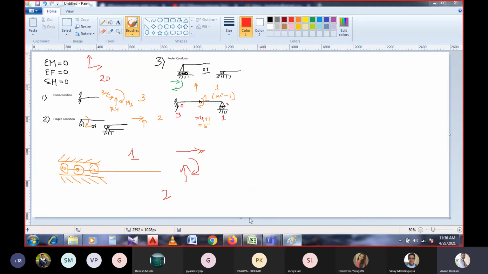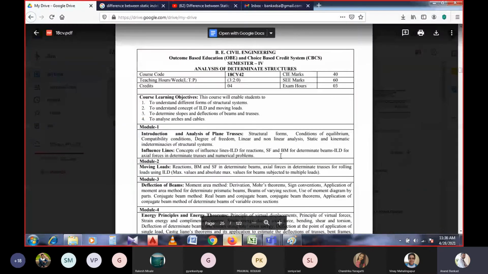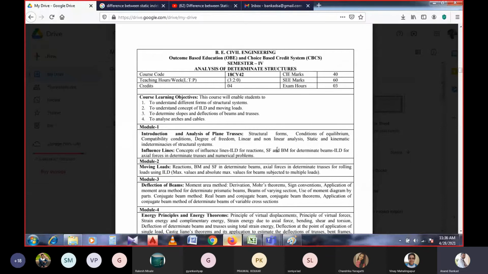Right? So based on this concept, we are going to have different conditions and different problems that will be asked in your exams. When we observe the question papers for your module 1, the questions will be generated based on static indeterminacy and kinematic indeterminacy. We have to distinguish between these two. We are going to have calculations in different manners, that is degrees of freedom and number of reactions.